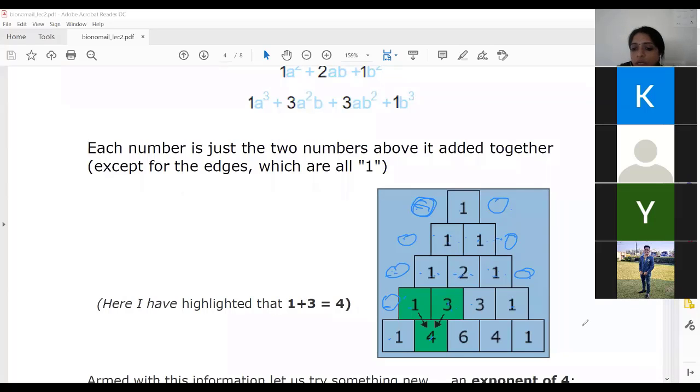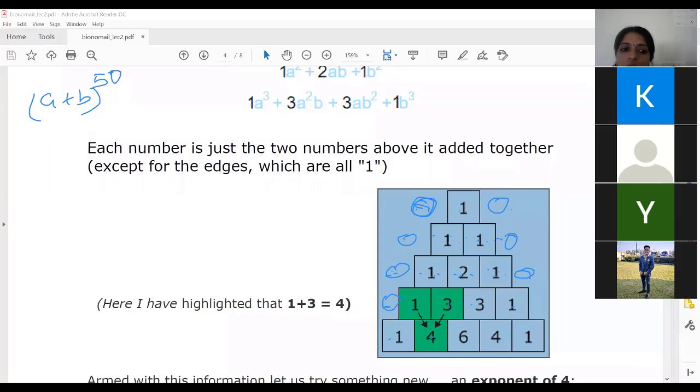Okay, so this Pascal's triangle is easy when your power is low. If I ask for a plus b whole raised to 5, then it is again easy. But what if I ask for a plus b whole raised to 50? Then how will you make this Pascal's triangle? It is a very long process. It is possible, but it is a very long process.